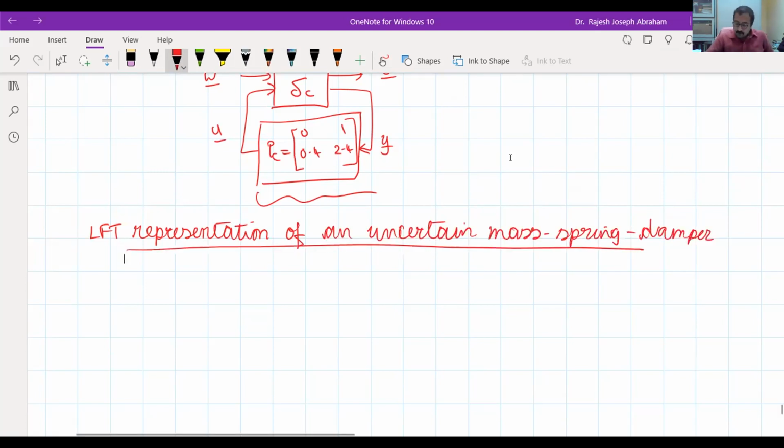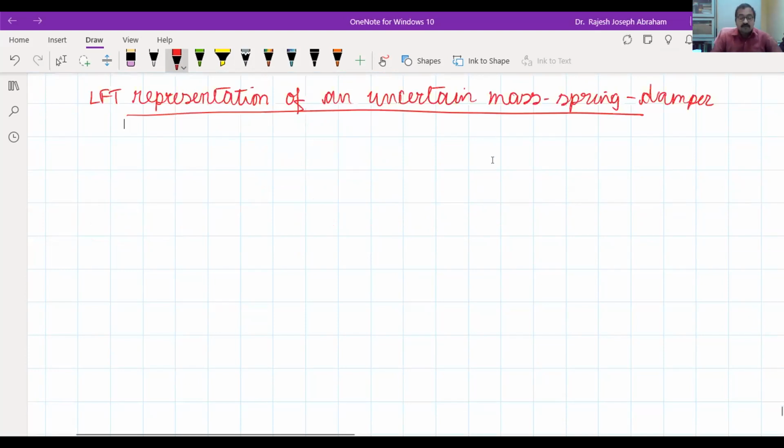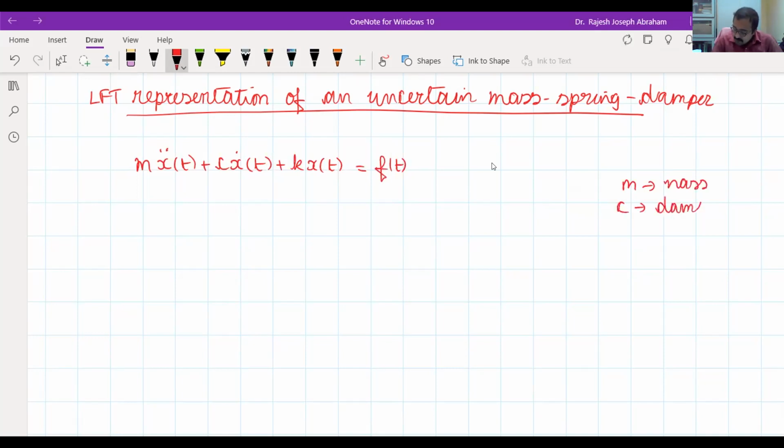What's the standard differential equation for a mass spring damper system? We know that, right? M x double dot t plus C x dot t, where C is the damper constant, plus K x of t, where K is the spring constant, equal to F of t, the applied force. So M is the mass, C is the damper, and K corresponds to the spring constant.